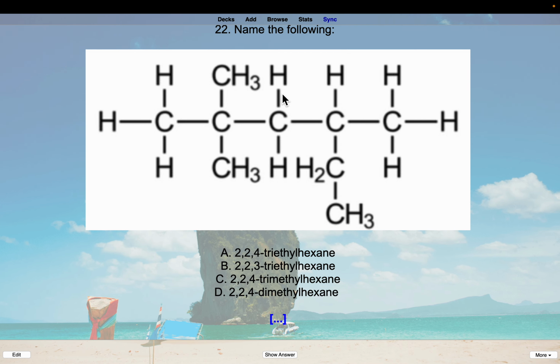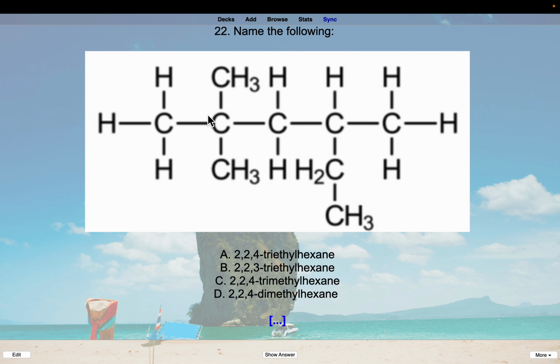Name the following. 1, 2, 3, 4, 5. We start counting from the left because we have this. Coming from the left, this is closer. But at the same time, we have attachments here. This could be 2, 2, 3.